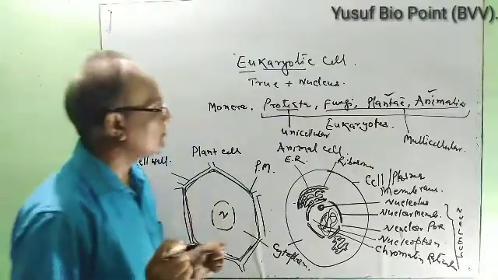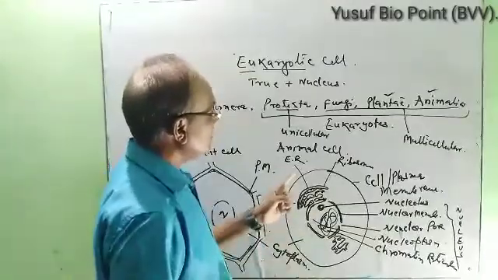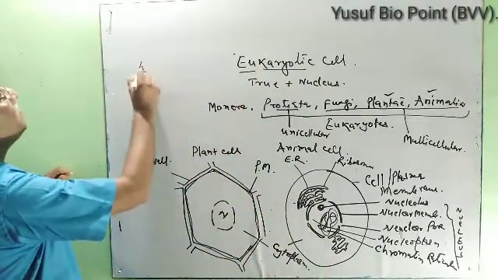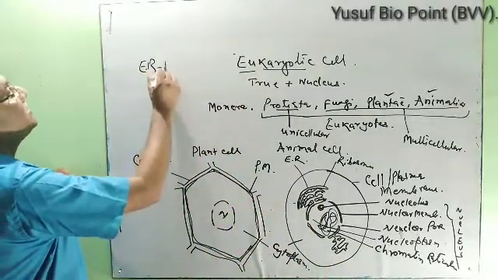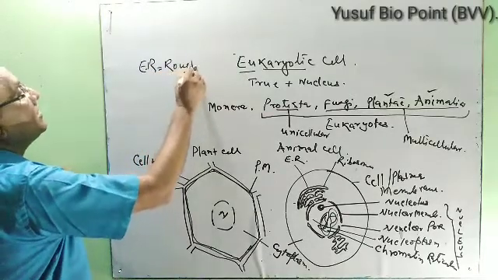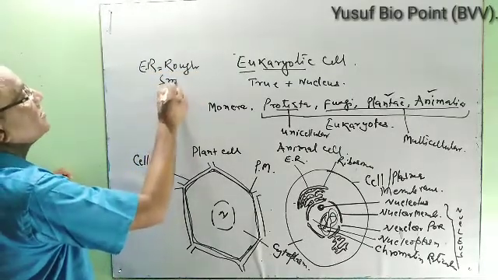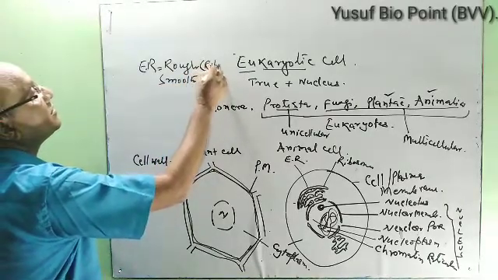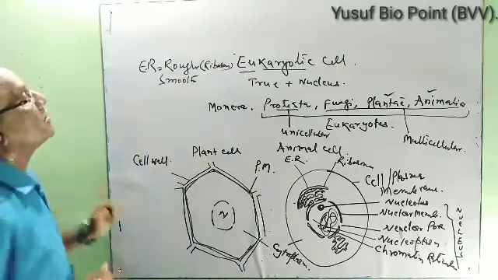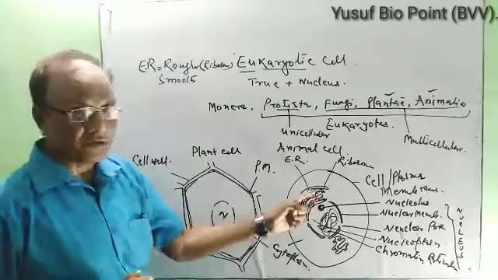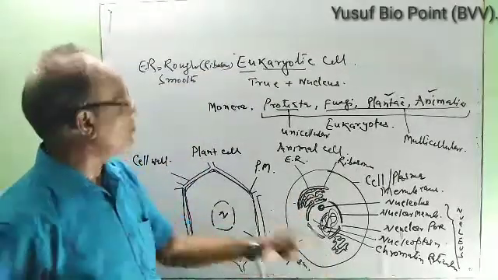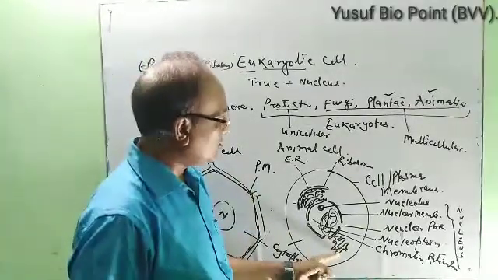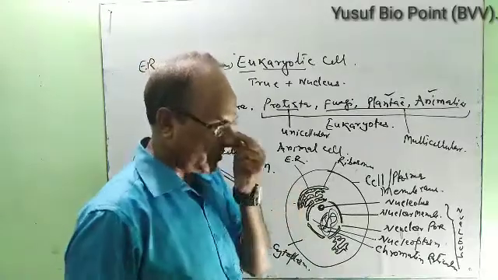Understand? So endoplasmic reticulum is of two types. One is rough, the next one is smooth. On the rough, the ribosomes are present, while on the smooth, no ribosomes are found. This is the smooth endoplasmic reticulum, this is the rough endoplasmic reticulum.